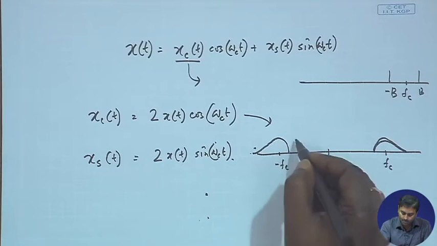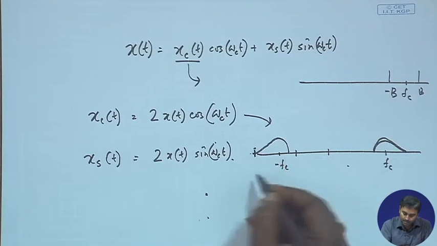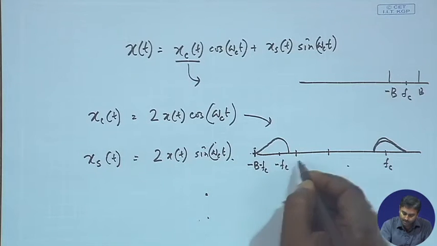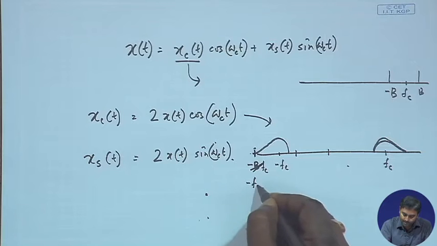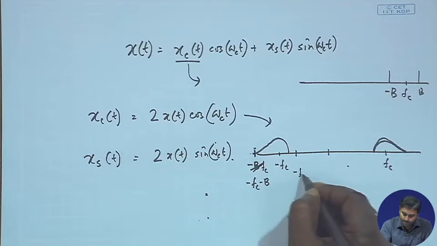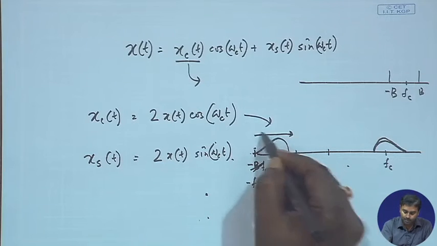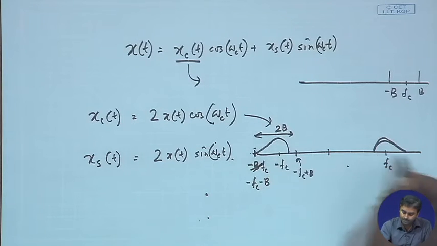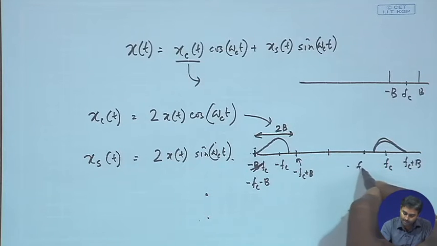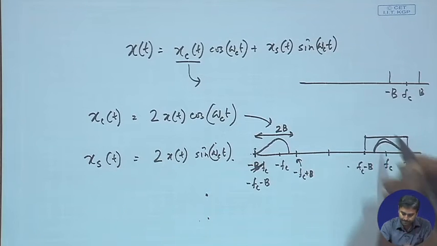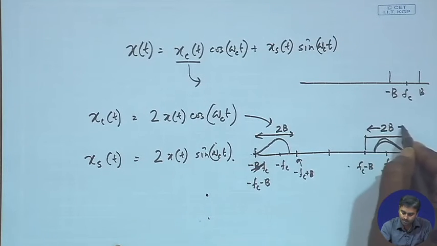So, let us say this is minus f c minus b, and this is minus f c plus b, that point. Okay. So, this is actually my 2 b. Similarly, this is f c minus b and this is f c plus b. This is my 2 b. Okay.